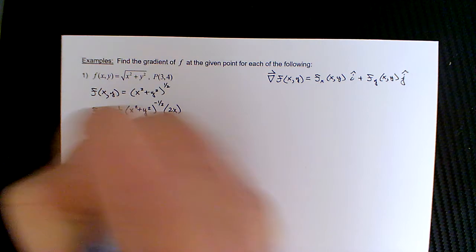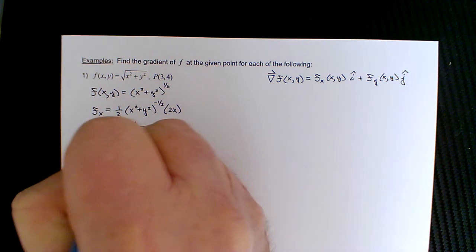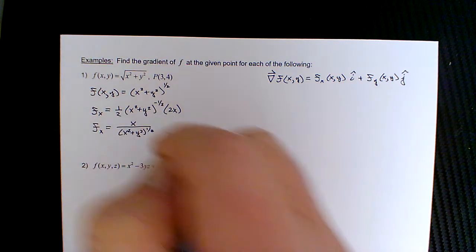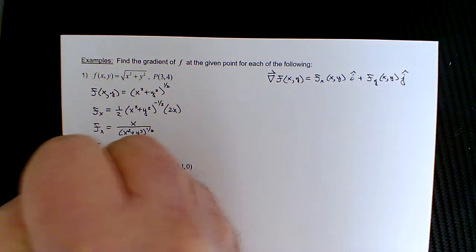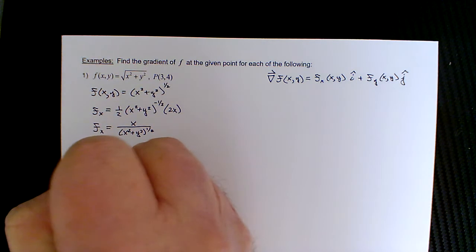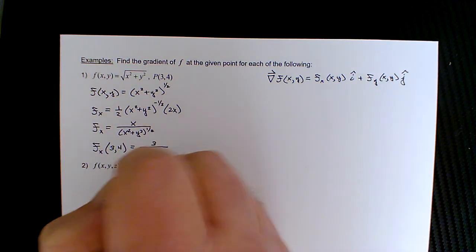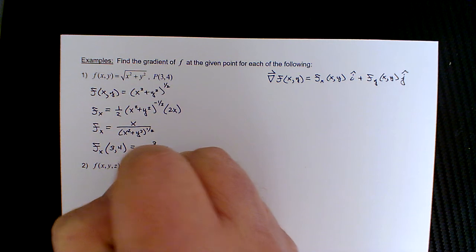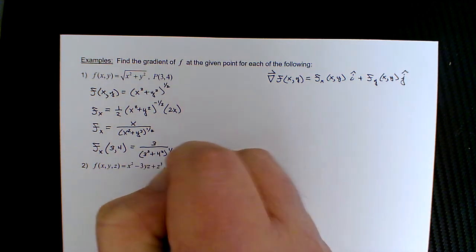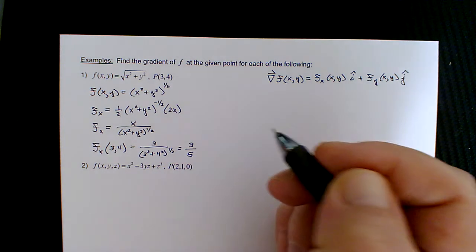So then the partial with respect to x, the 2's cancel, we get x, and then let's swing this quantity, x squared plus y squared, to the denominator, to the positive 1/2. And now evaluating that at the point 3, 4, x is 3, y is 4, so 3 over 3 squared plus 4 squared to the 1/2, and that's 3 over 25 to the 1/2, which is 5.